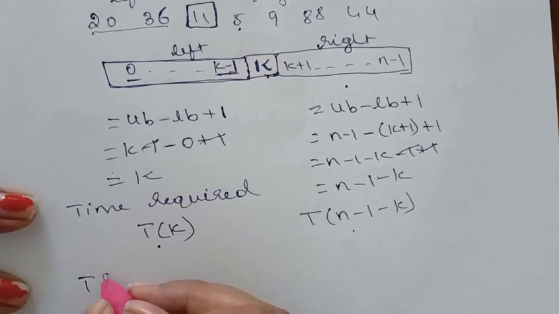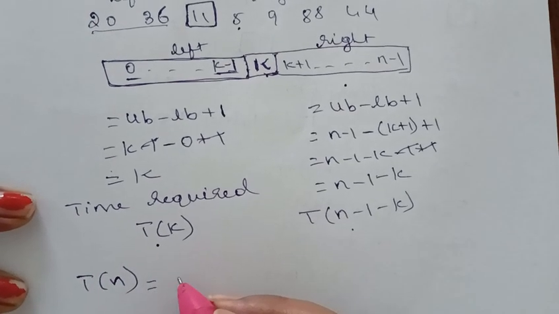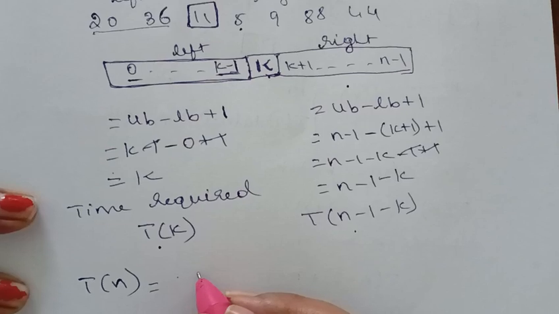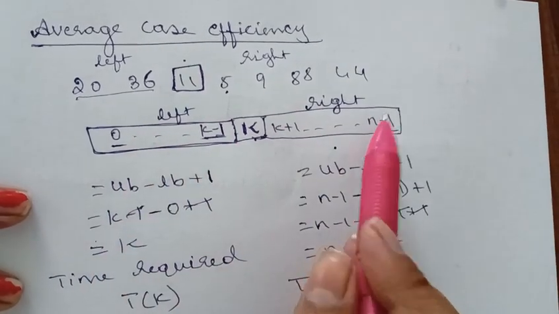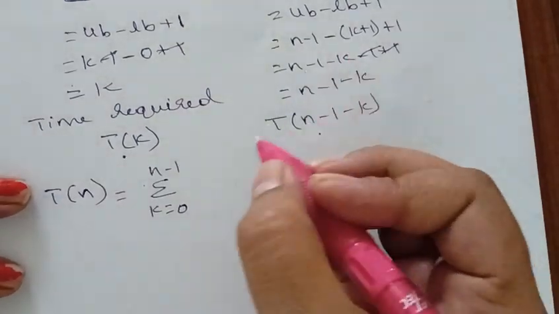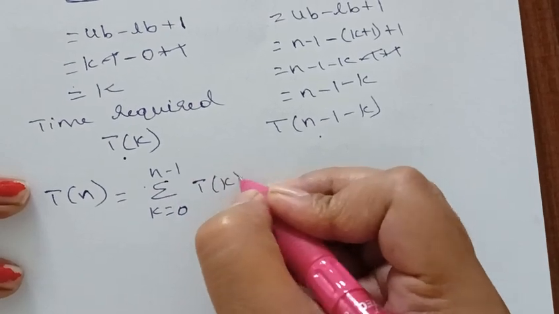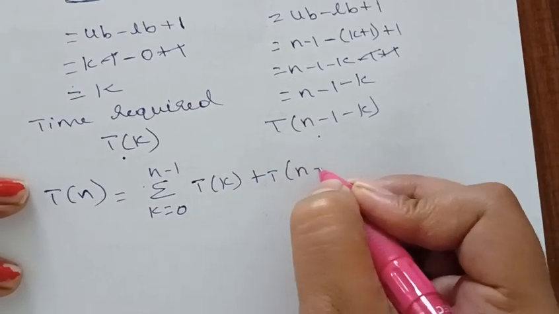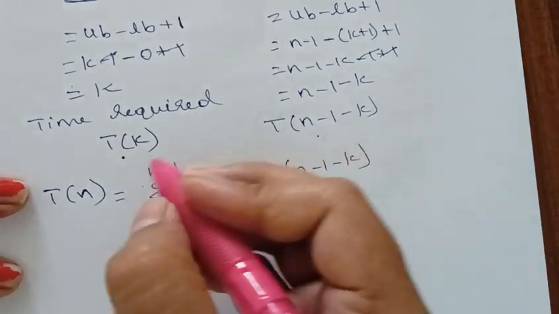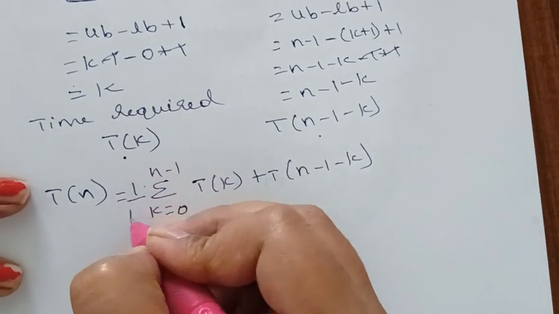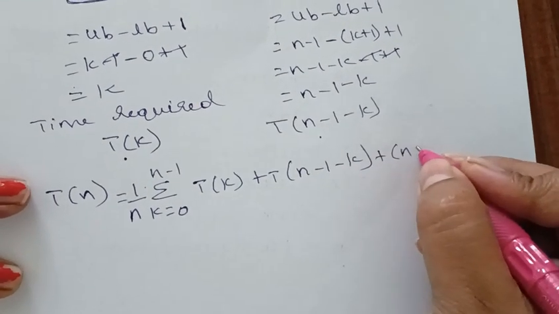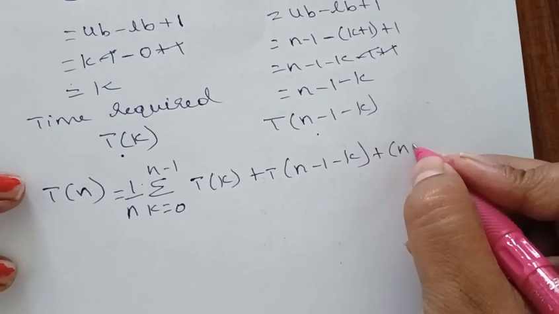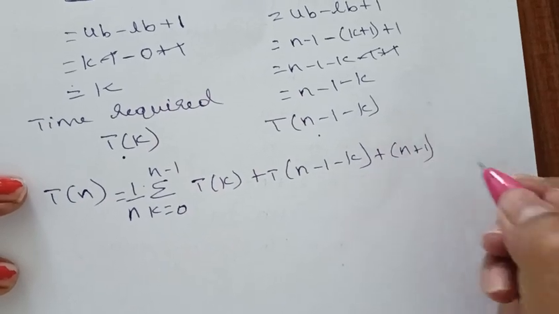Now I have to write the general equation. T of n equals summation k equals 0 to n minus 1, because we have from 0 to n minus 1. This entire thing I have to take T of k plus T of n minus 1 minus k. Here this is divide and conquer technique, so I'll write it as 1 divided by n, plus the pivot element, n plus 1.